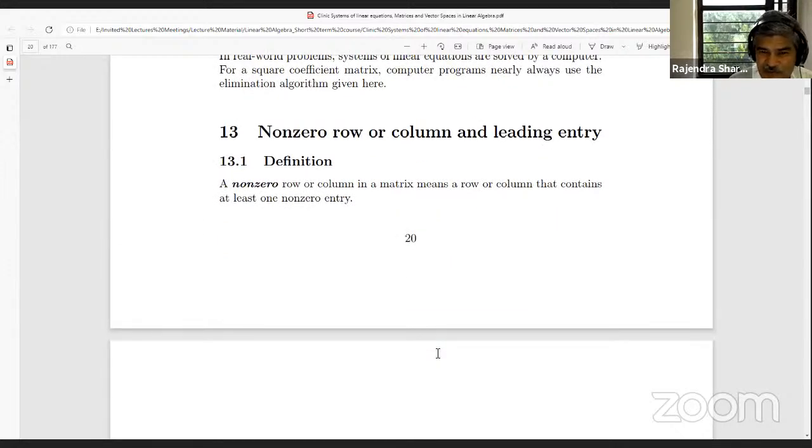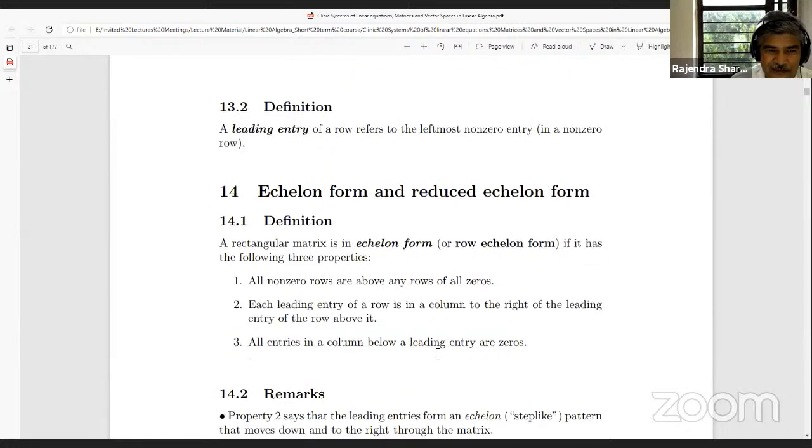Non-zero rows or columns and the leading entry. A non-zero row or column in a matrix means a row or column that contains at least one non-zero entry. The leading entry of a row is the leftmost non-zero entry. A matrix is in echelon form if it has the following properties.